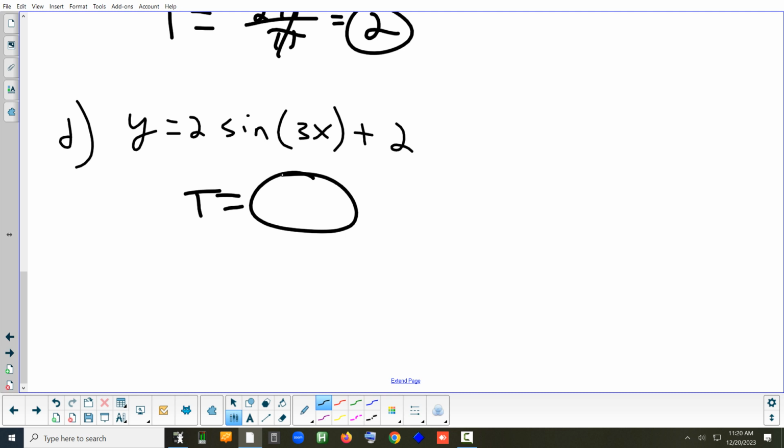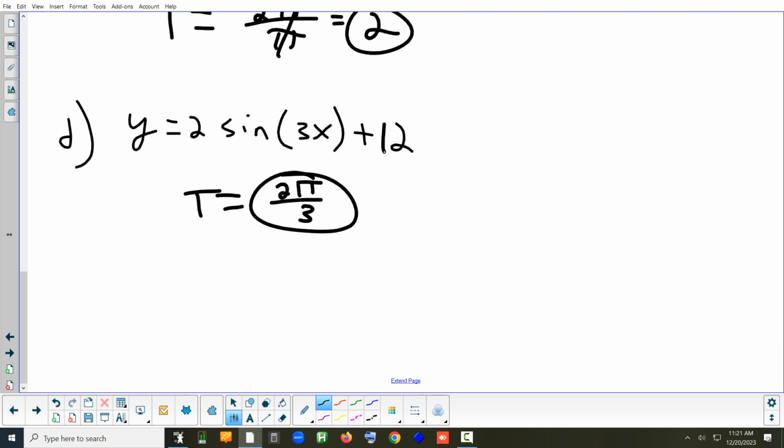Not the b, just what's the period? 2 pi over 3. What would be the period now? Still 2 pi over 3. Shifting up doesn't do anything to the period. It shifts it up, changes the range. It doesn't change the amplitude, and it doesn't change the period. So you have to know what number you're focusing on.